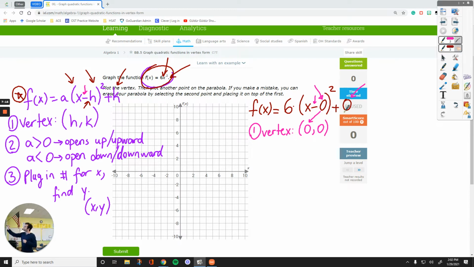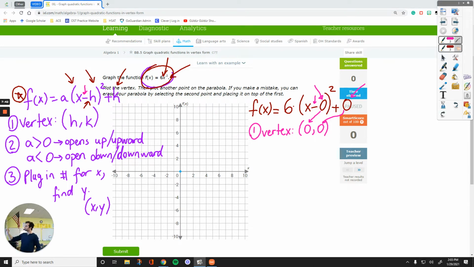And then that is the y value. It comes with the sign in front of it. The positive is part of the formula. It doesn't have a negative in front of it, so that's just another positive 0. So that's our vertex. So this assignment takes a while. Just a heads up. I'm done with this step 1.